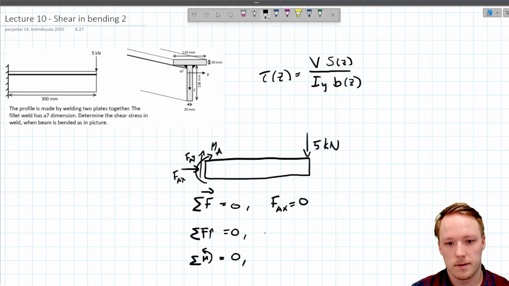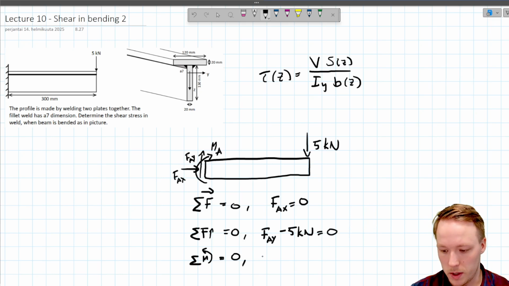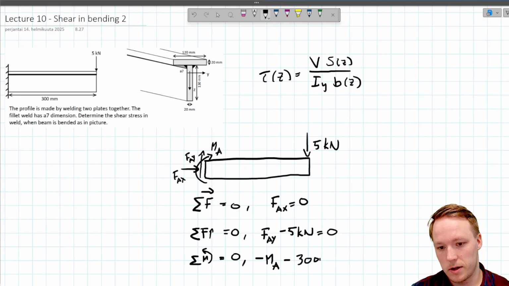Then we have F A Y minus 5 kilonewtons is 0. And then we would have the moments. We have minus M A minus 300 millimeters multiplied by 5 kilonewtons is 0.